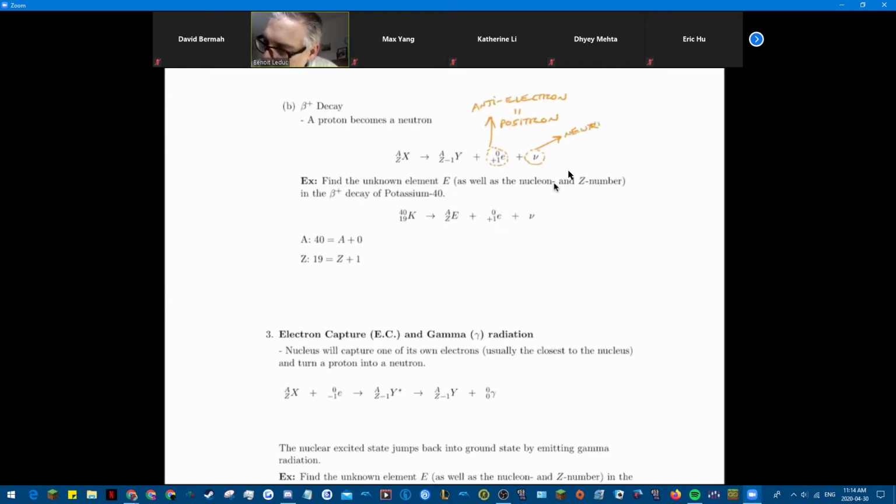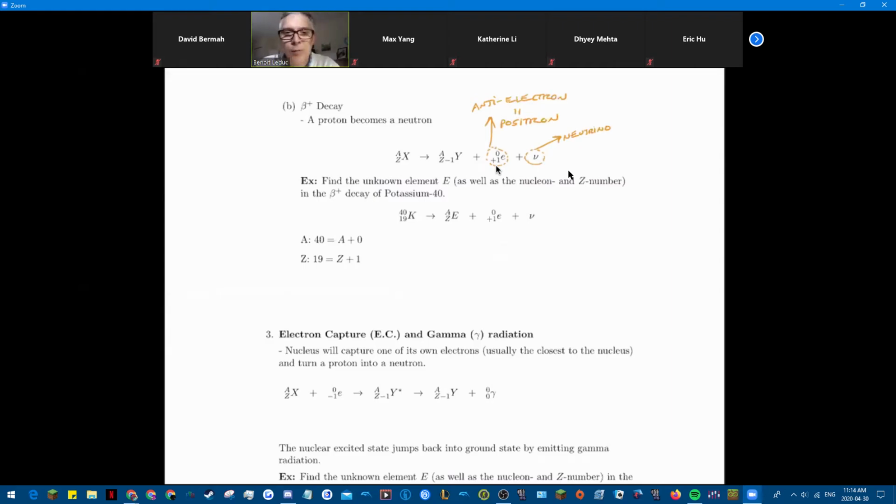It has no charge and it's not a nucleon, so the A number is 0 and the charge is 0. So if a proton becomes a neutron, you have one less proton, so it becomes Z minus 1. To compensate for this, there must be a particle with a positive charge, which is a positron.